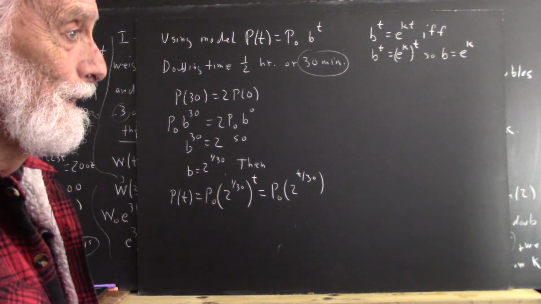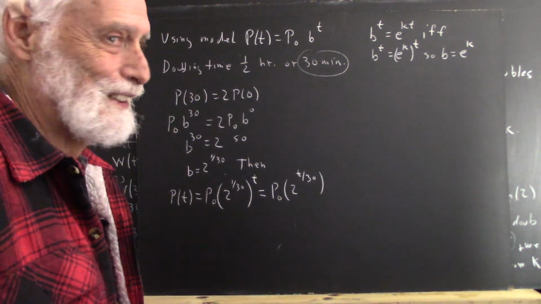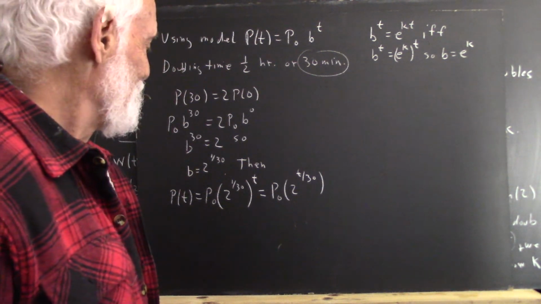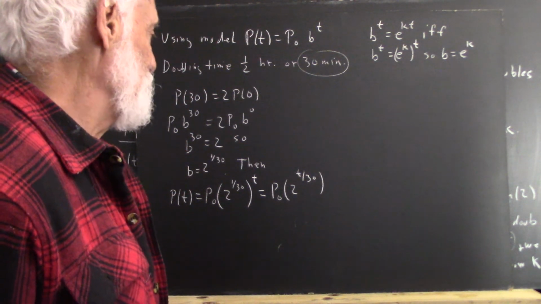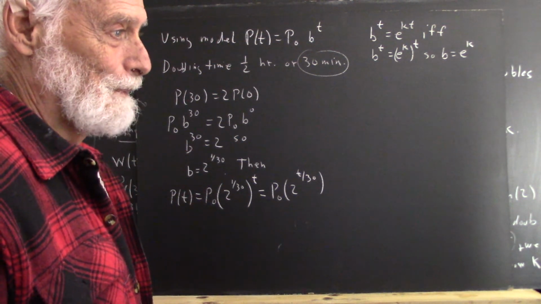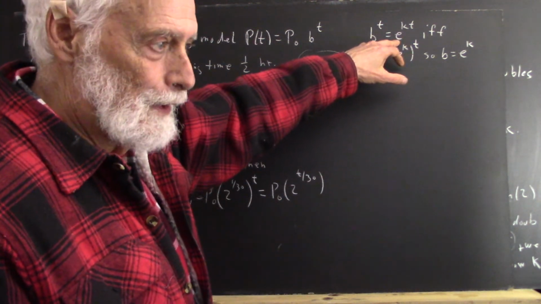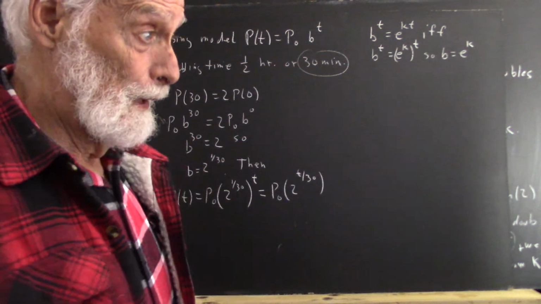Now it makes sense. Thank you. I'm glad it makes sense, and glad that helped. So yeah, I can see where you'd be a little confused by that, since I was using the e to the kt model, and what you were asking about was a b to the t model.